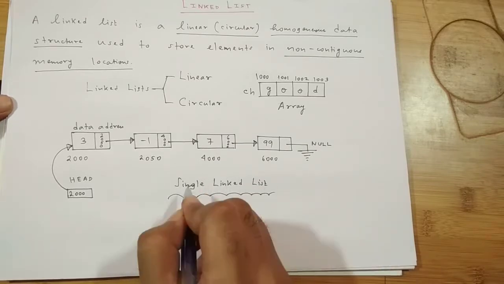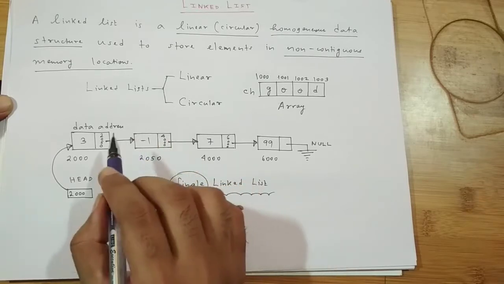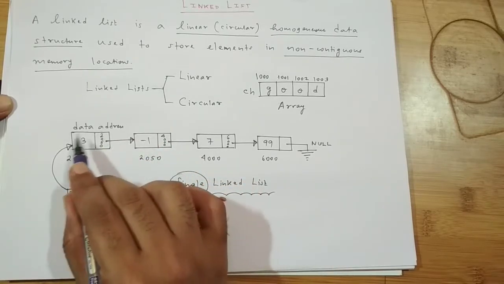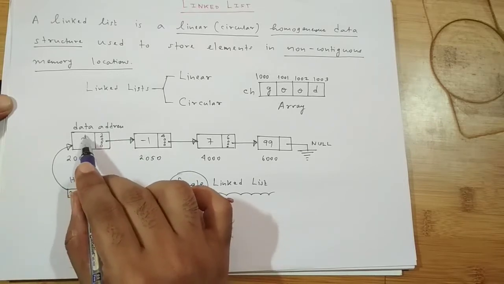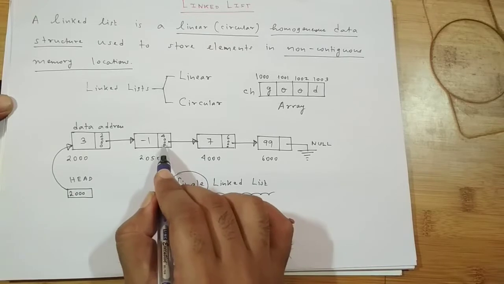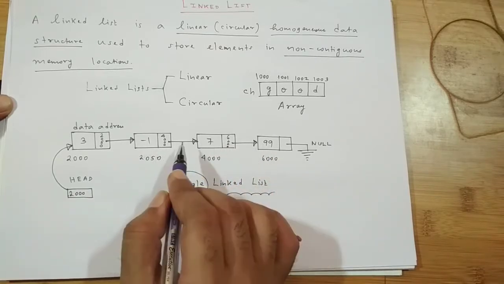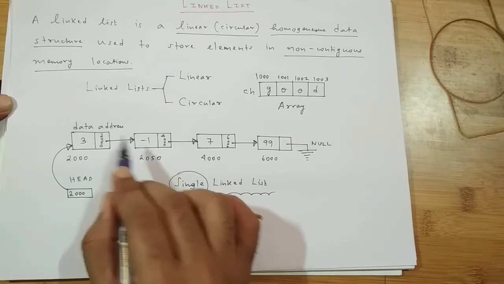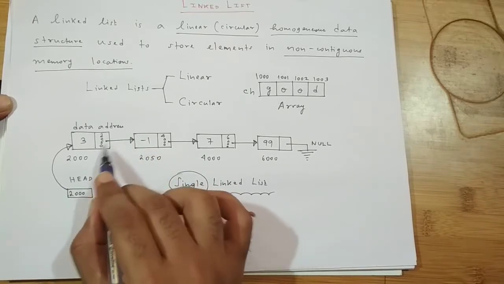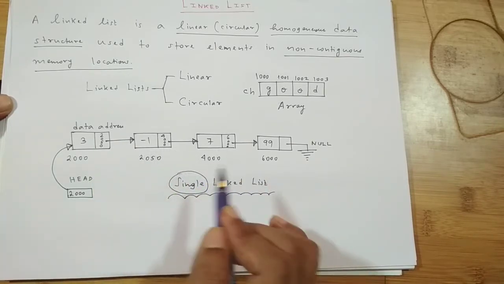And one more thing, why am I calling it a single linked list? It's called a single linked list because from every node you have one pointer. See, this node made up of the data part and the address part has one pointer going out from it. This node again has one pointer, this one has one pointer, and so on. Had every node brought out 2 pointers from it, then we would call such a linked list a double linked list.